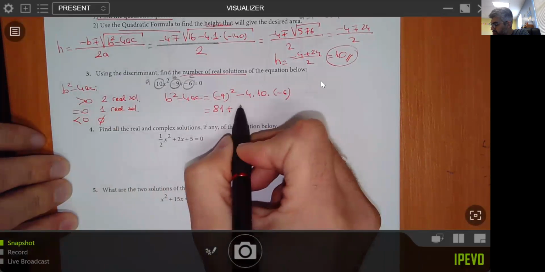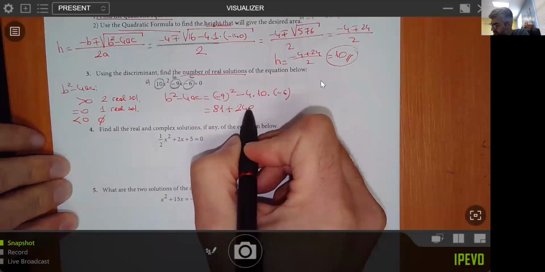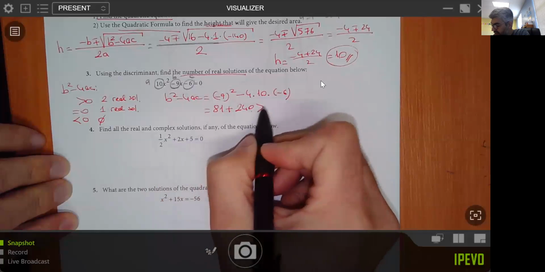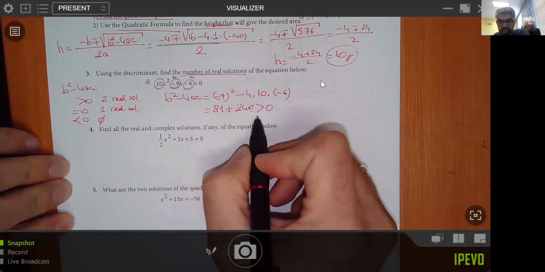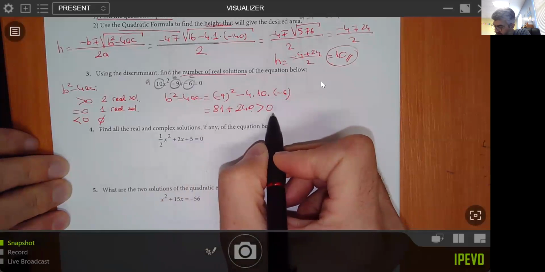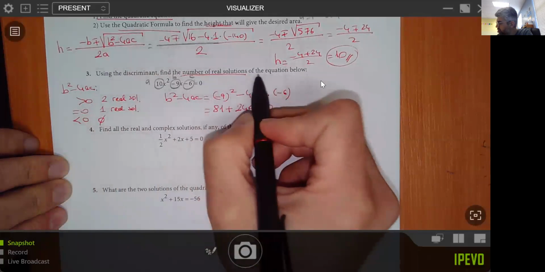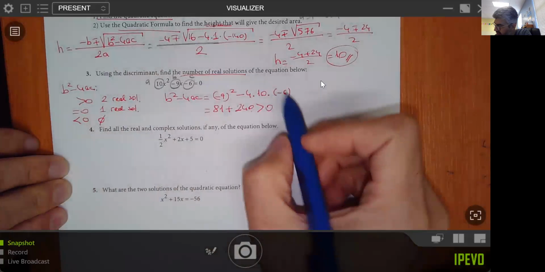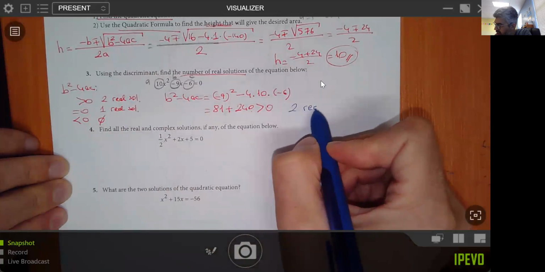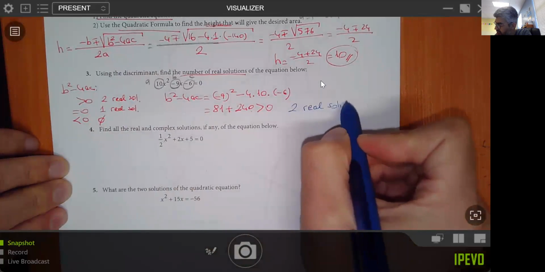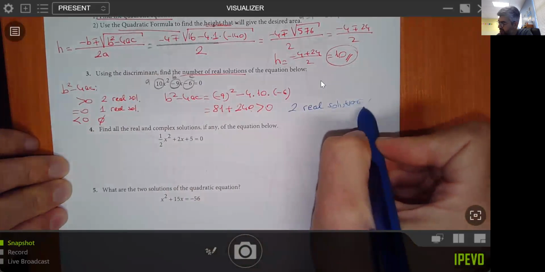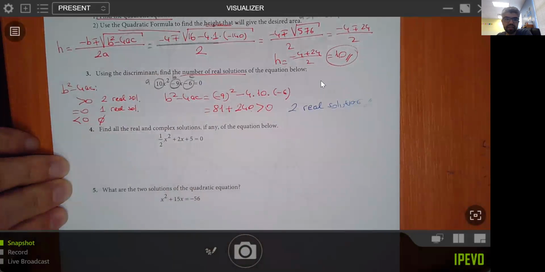Well, it's 240. I can find what it is, but I don't need it. So it's greater than 0. If it's greater than 0, find the number of real solutions. So guys, 2 real solutions. Okay, this is the answer. Is it clear?